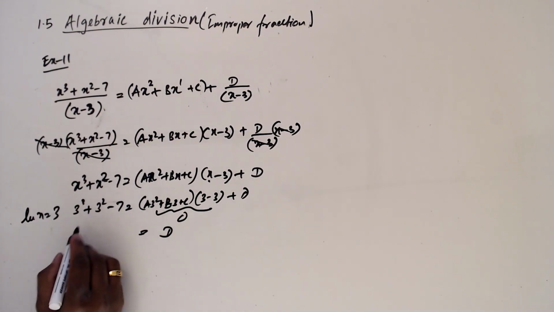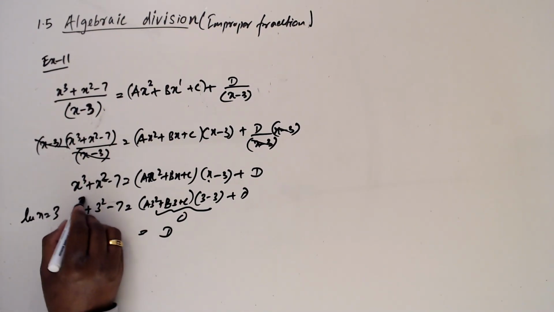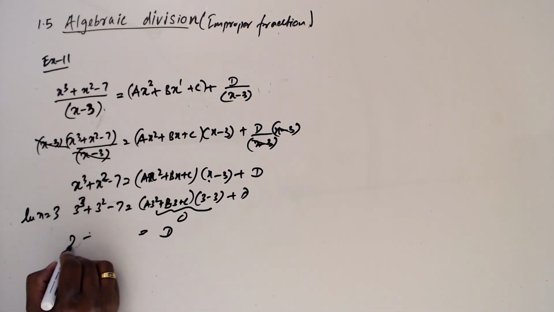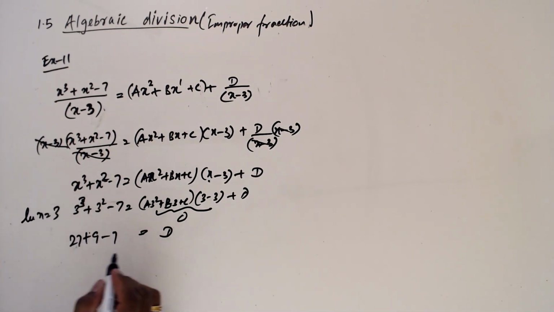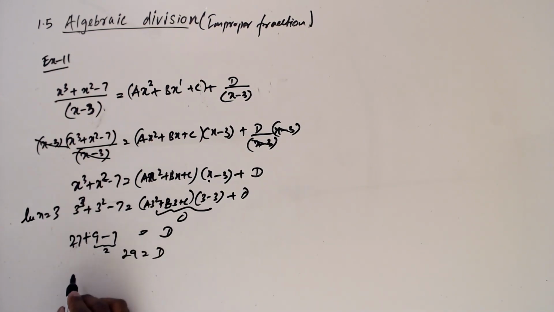So d value is 27 plus 9 minus 7. So 9 minus 7 is 2, 27 plus 2, 29. So d equals 29. We managed to find d.